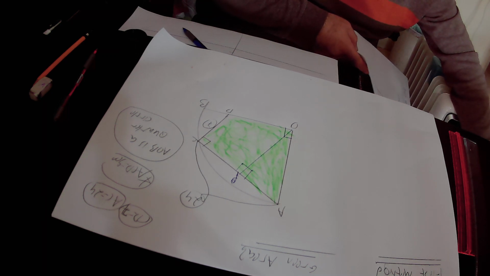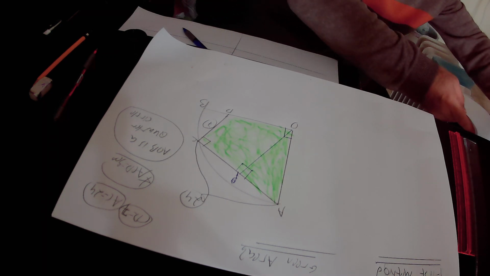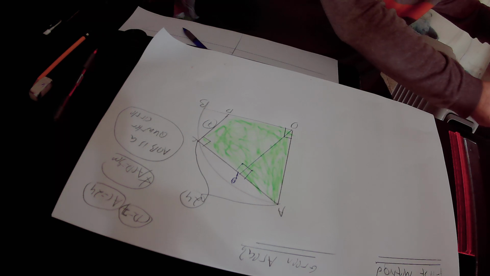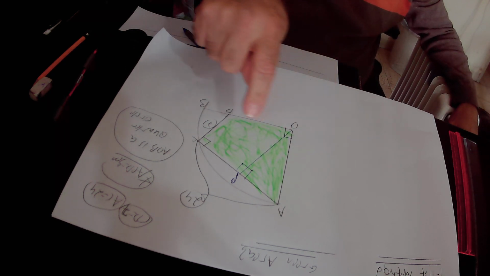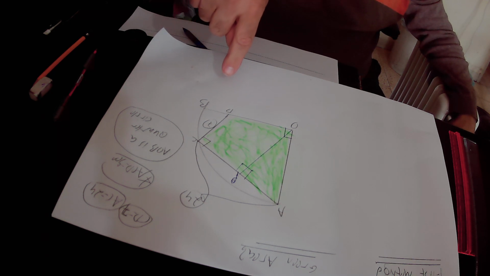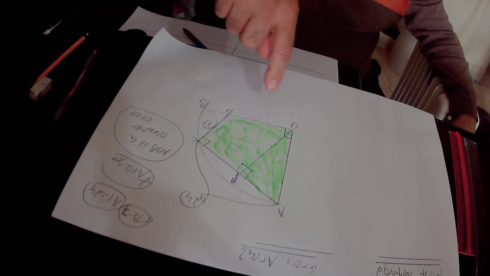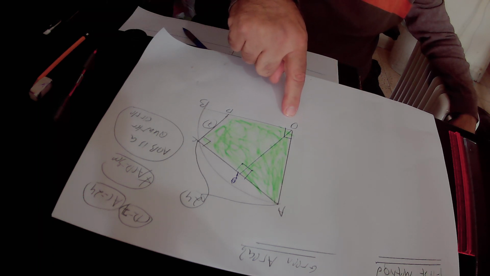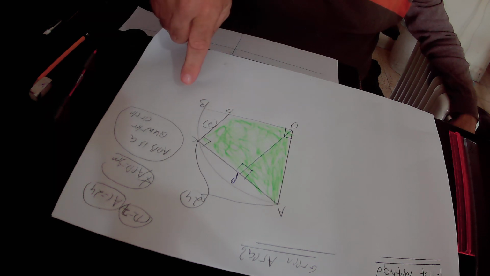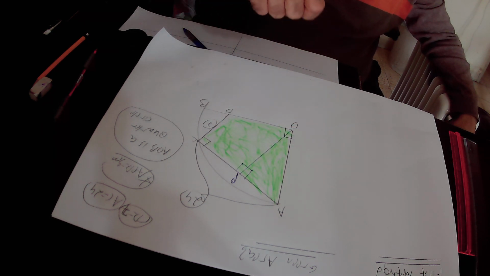Why? Because in our drawing, from the center of the circle that we can create by completing this quarter circle to a circle, that is to say from point O, we have perpendicular OP on chord AC.